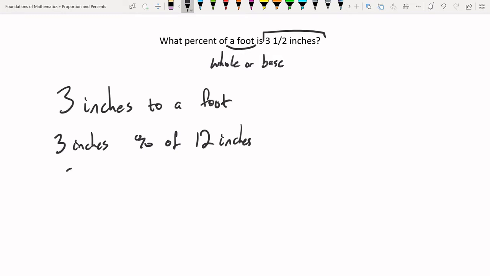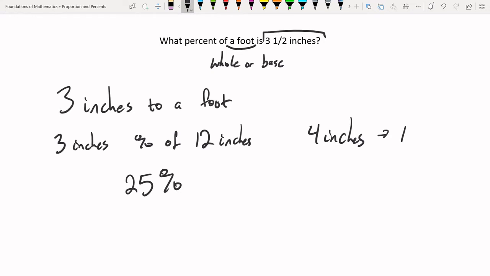So we know that 3 over 12 equals 25. Let me write it like this. 3 inches is 25%, because you can think about 25 cents in a dollar is a quarter, or 25%. Hopefully that makes sense.